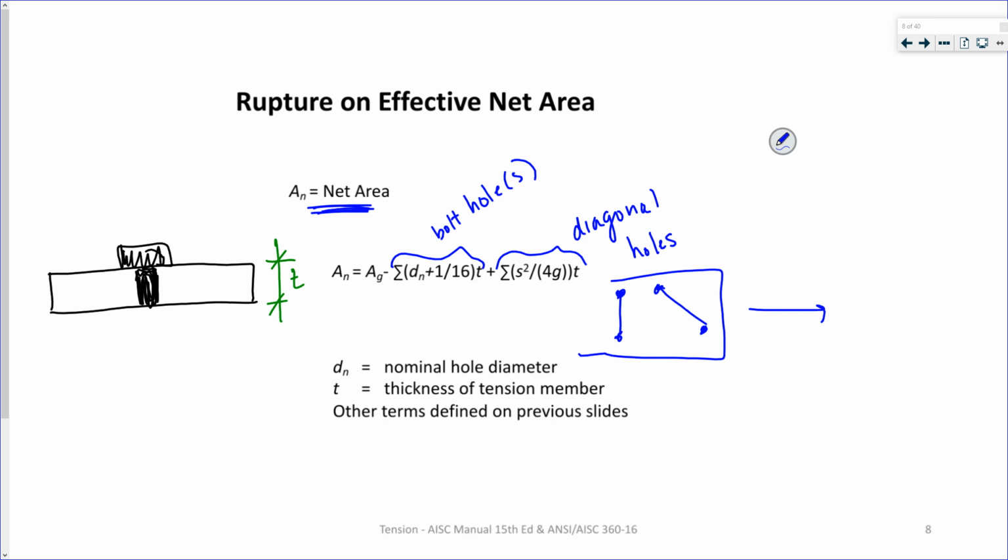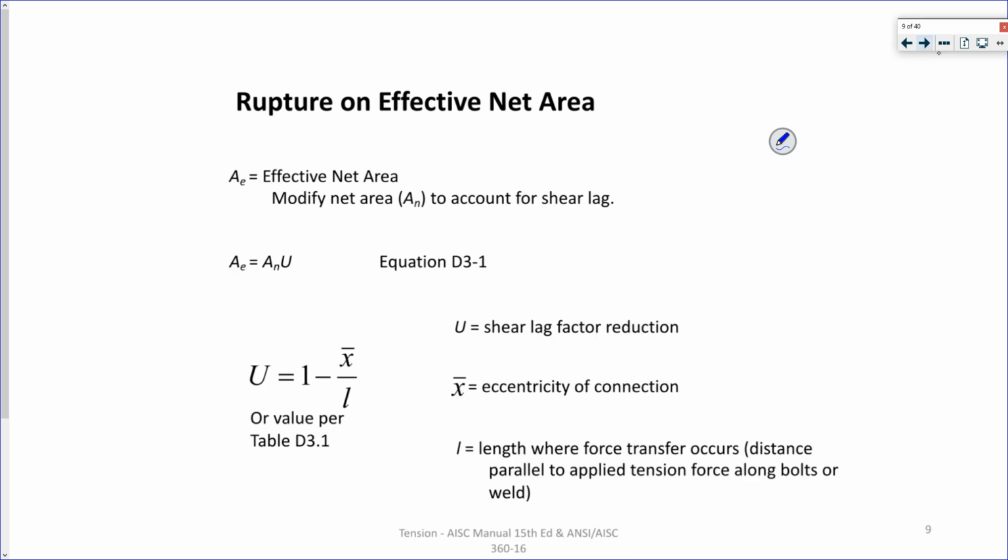Now you have your effective net area. You multiply your net area, AN, by a shear lag factor. So let's go to chapter D, equation D3.1.